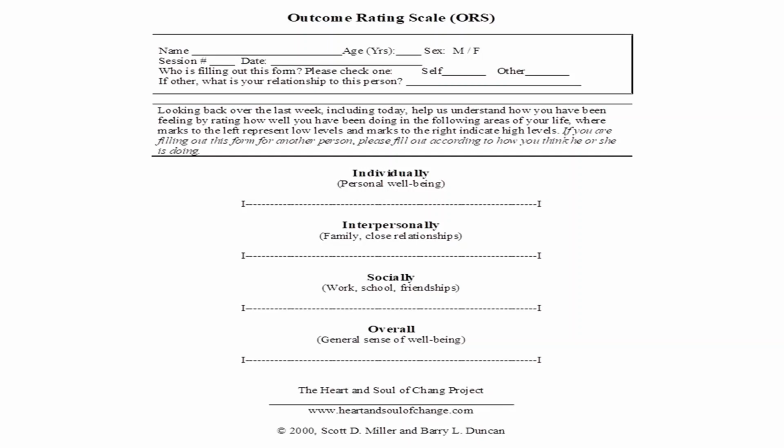I'll explain it to you so that way we're all on the same page. And it's basically in the system, what we're doing is we're going to rate on a scale of 0 to 10 particular life areas. There's individual, interpersonal, social, overall.